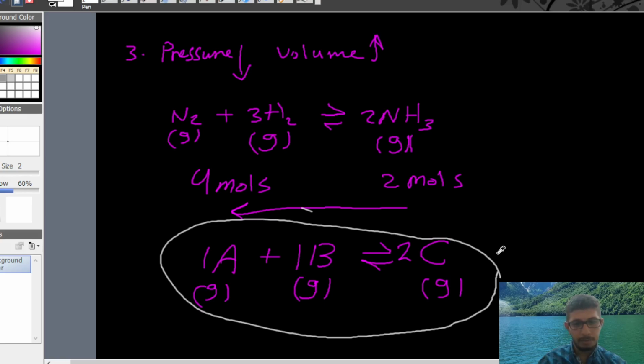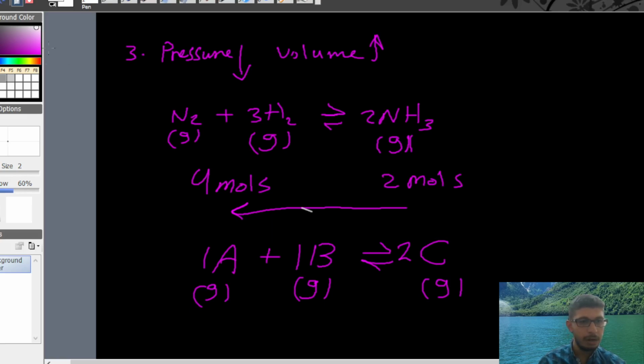Why? Because you have 2 moles of reactants and 2 moles of products. There is no effect of pressure here. Got me?